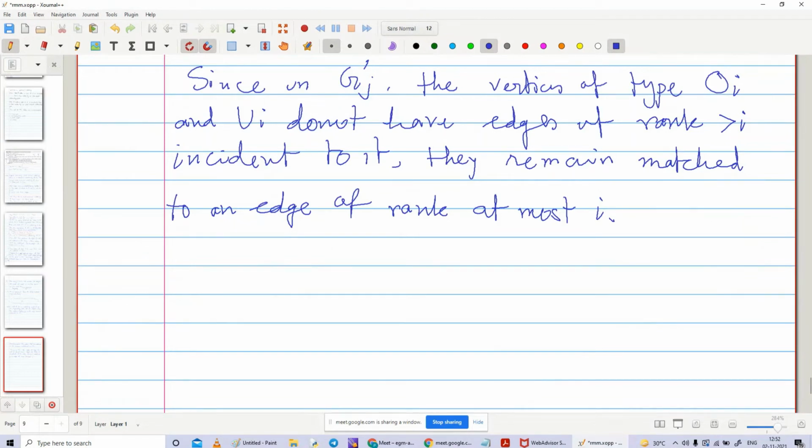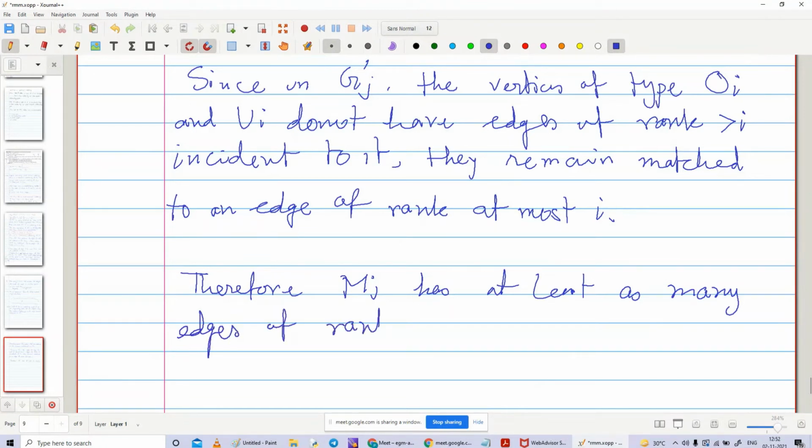So what we can say from this is, therefore, Mj has at least as many edges of rank less than or equal to i as Mi.